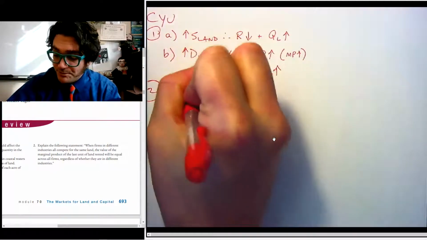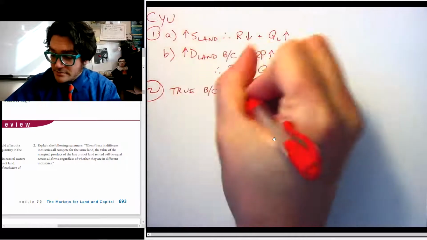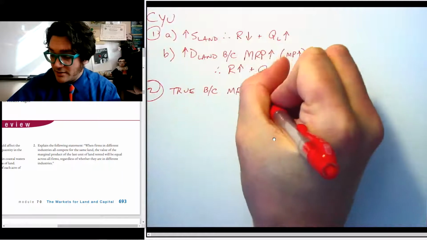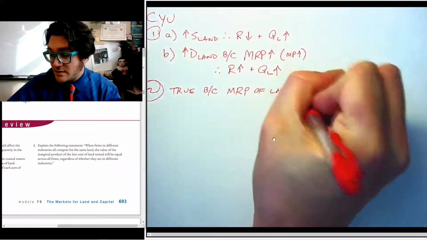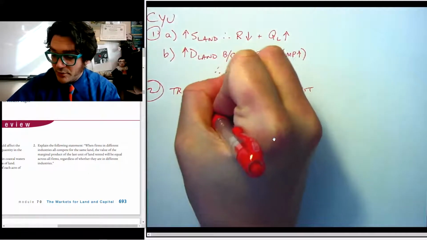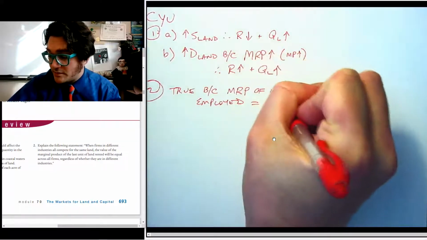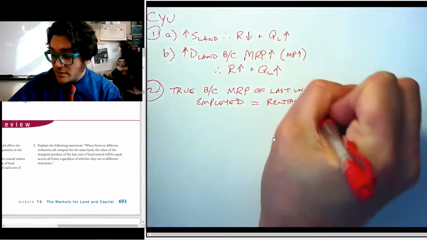But it's true because the marginal revenue product of the last unit employed is equal to the rental rate.